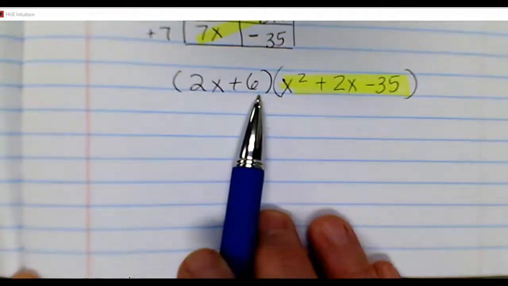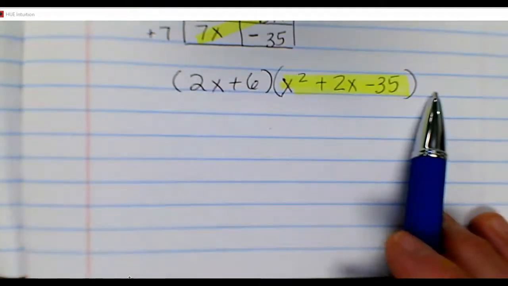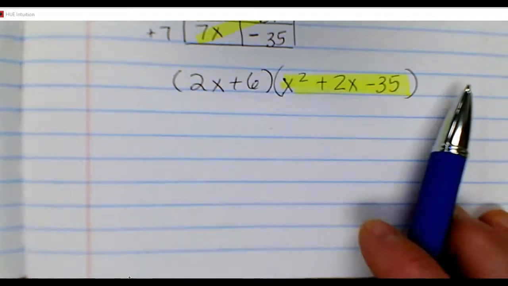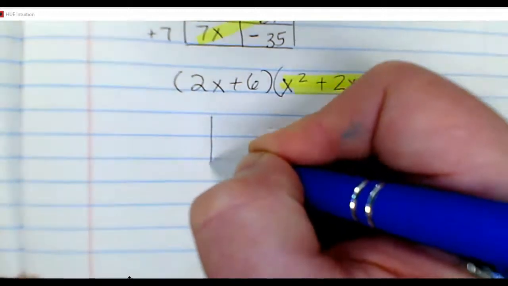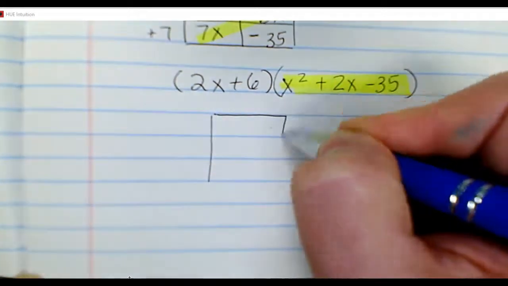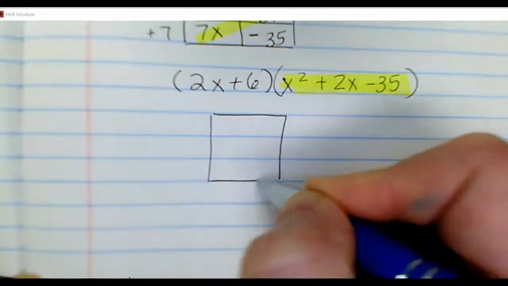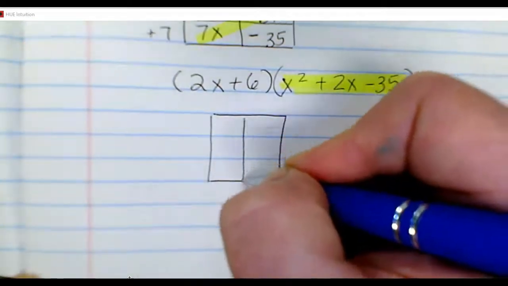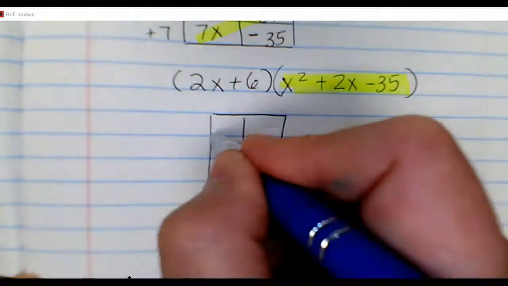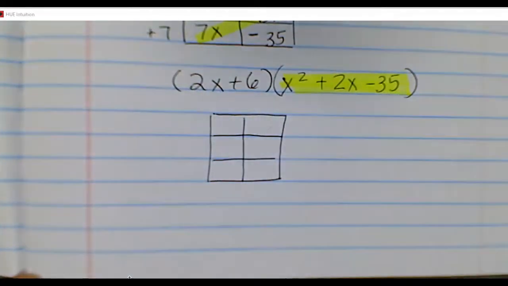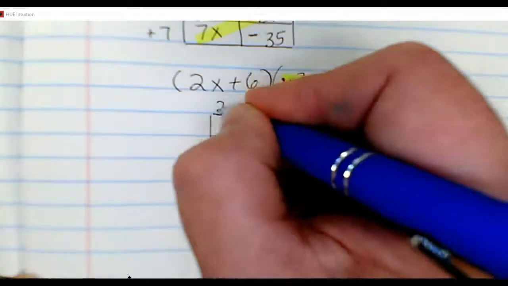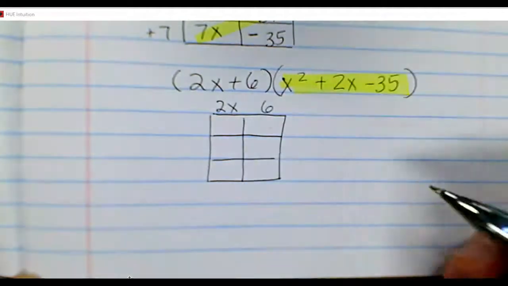This is a binomial times a trinomial. When you use the box, it's the same method, only a bigger box. I have a 2 by 3 box instead of a 2 by 2 box, because now I have to have room for a trinomial.